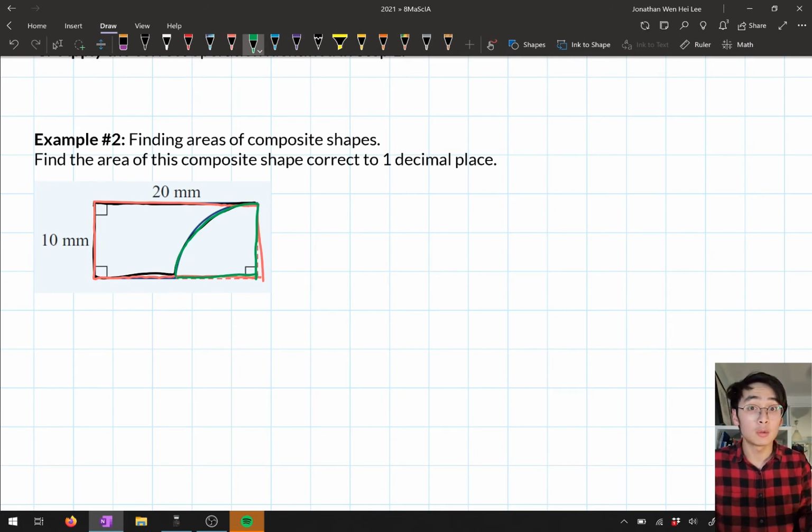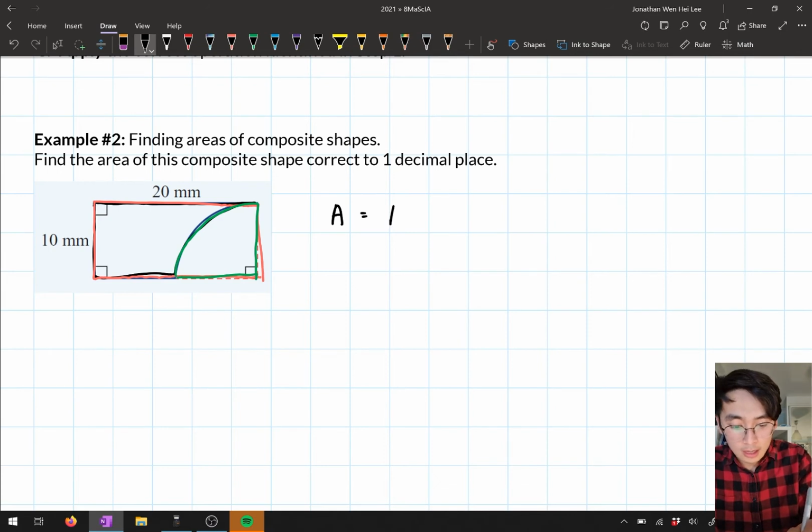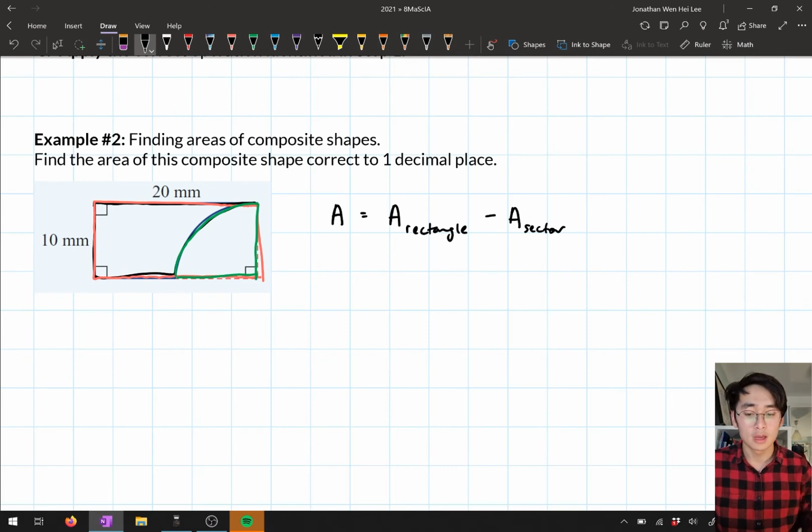And so here, the way I can find the area of this shape is I can go, okay, the area is going to be the area of my rectangle minus the area of my green part, which was my sector. It's actually a sector here as well. And so I can find the area of both those shapes.